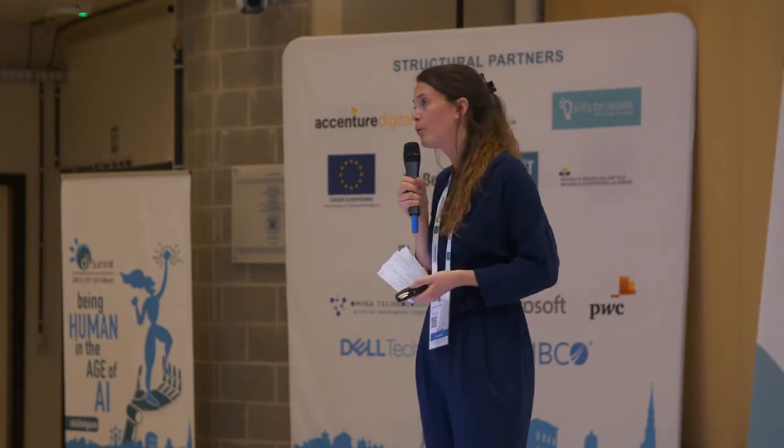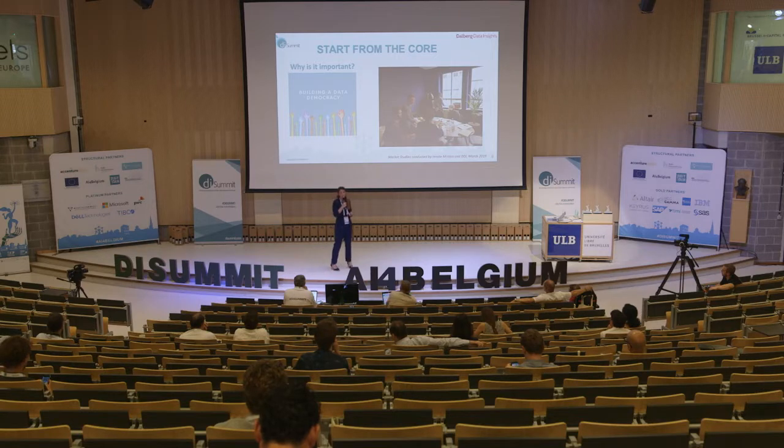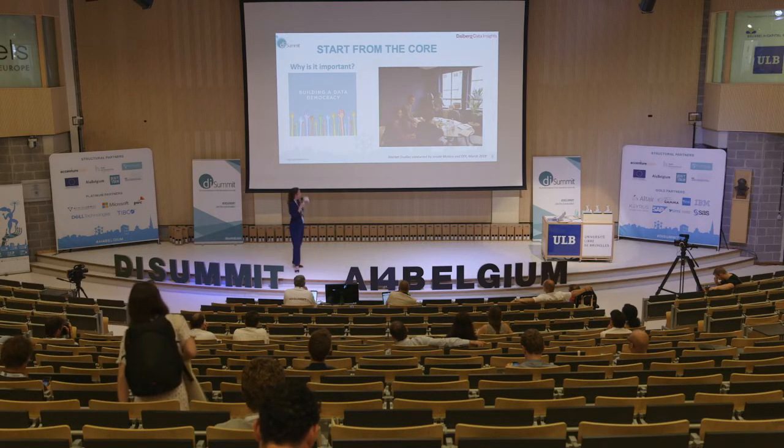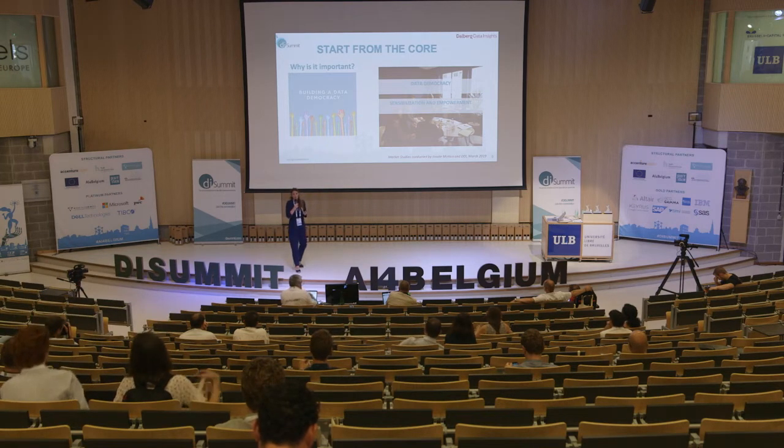And finally, we are developing this project in data democracy, named Oscar. Why? Because it's very important to put the individual at the center of any decision to make sure that we can empower them and sensitize them. Why should we do that?